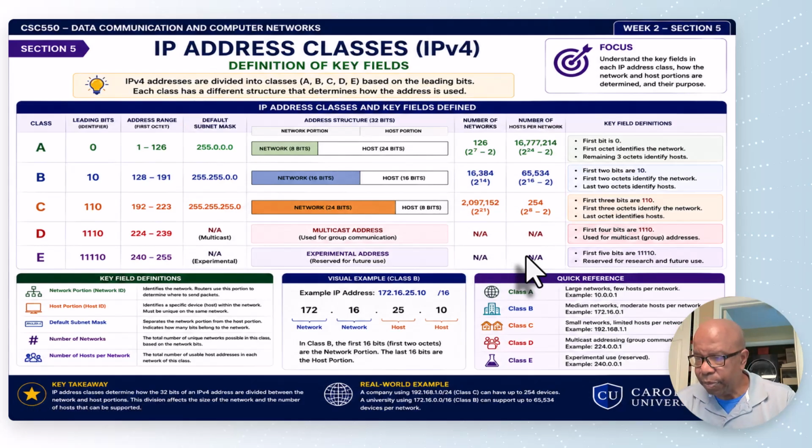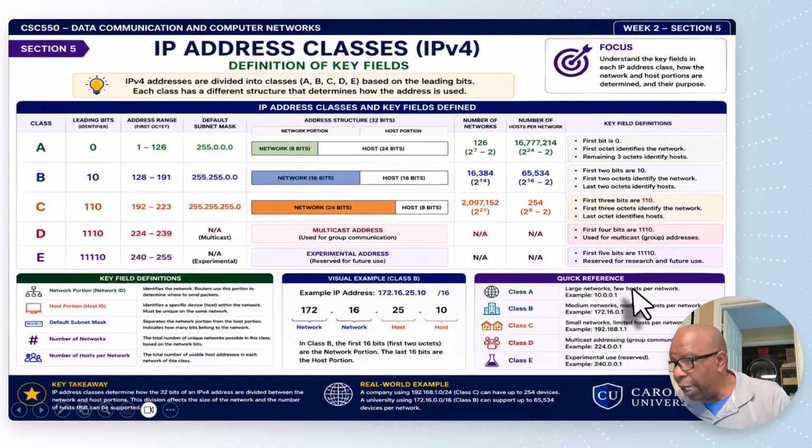Okay, so Class A, as far as large networks, has a large number of hosts per network. Here's an example of what the IP address might look like, as far as 10.0.0.1. Class B, medium networks, moderate hosts per network. Example 172.